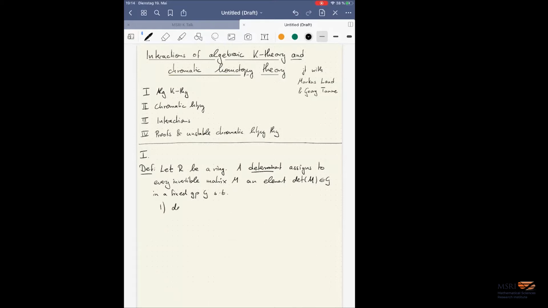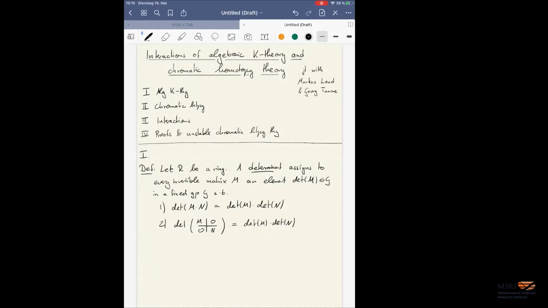First of all, we want that if M and N are the same size, then the product translates into a product of determinants. And the second is another well-known property of determinants: if you have a block sum, then you also want to have the product, where of course M and N don't have to be of the same size.